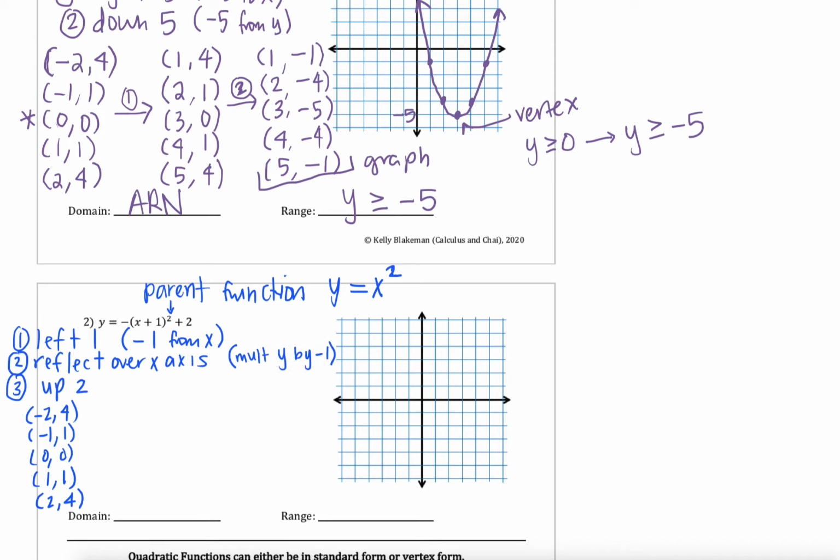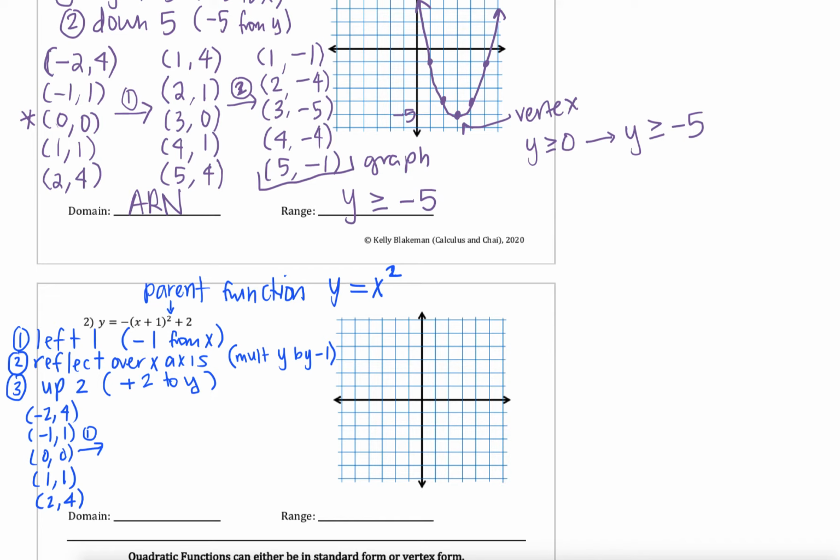Since we're flipping over the x-axis, our x value is not changing, but our y value is changing signs. And lastly, our up 2 is affecting our y, since that's a vertical shift, and we would be adding 2 to all of the y's. So let's apply these transformations. Why don't you pause the video right now, apply all 3 transformations, and then we'll check it together at the end.